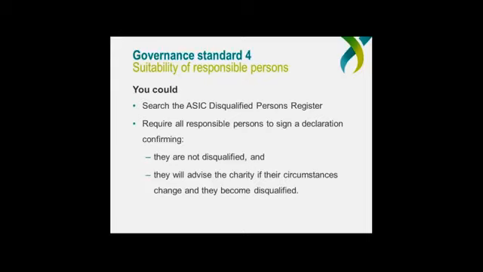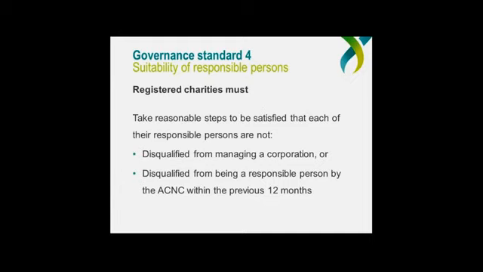So, for example, two examples of matters that will result in automatic disqualification are if a person is convicted of an offence in contravention of the Corporations Act, or of an offence involving dishonesty and is punishable by imprisonment of at least 3 months, or if the person is an undischarged bankrupt. So, if your responsible person is an undischarged bankrupt, it won't be listed anywhere by the ACNC or ASIC, but you have to know that, and as a result of them being an undischarged bankrupt, they cannot be a responsible person.